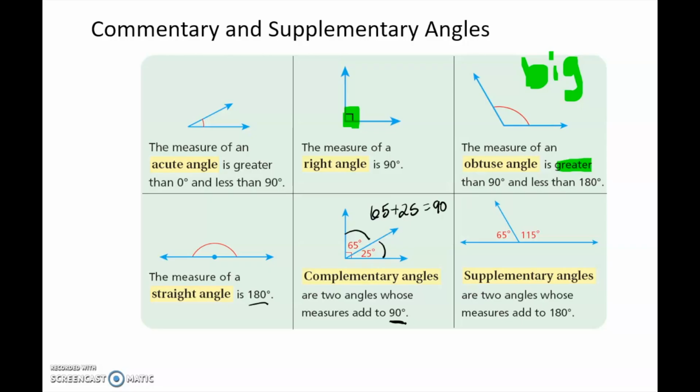So angles that add up to 90 are complementary. Angles that add up to 180, like this picture here, 65 plus 115, they add up to 180. Those are called supplementary. So we're going to focus on complementary and on supplementary angles.